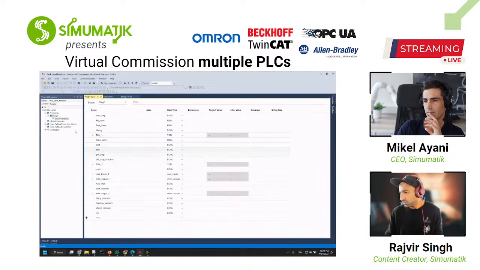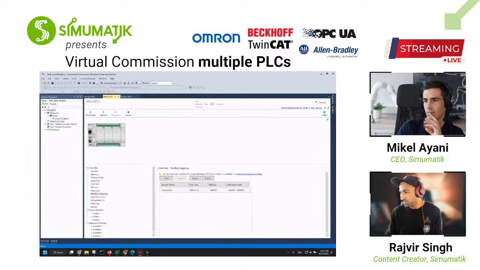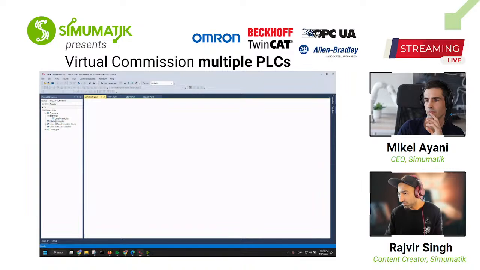And then once you go to your PLC, Micro 850, you can see here Modbus mapping. And here you can enter the addresses which you give in Simumatik. It's not so easy as Omron, but for these addresses, you have to go to global variables.